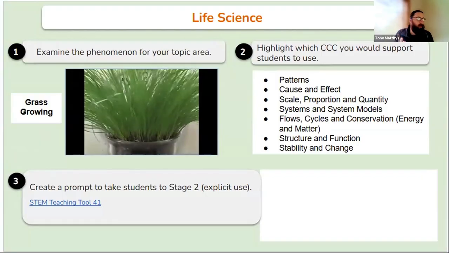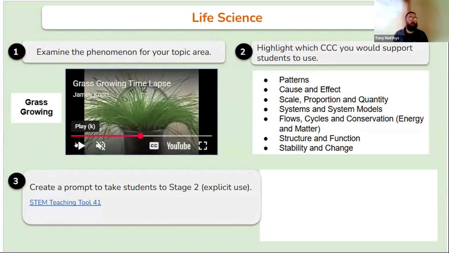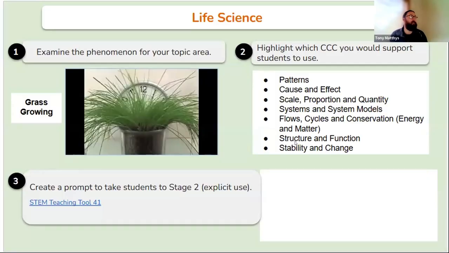In that room, think about the CCC you'd want to use, and take a shot at creating a prompt. It's not necessarily that everyone in the room needs to agree or reach consensus on the one best prompt, if there is such a thing, but just start talking about what CCCs you would use and what a prompt might look like.